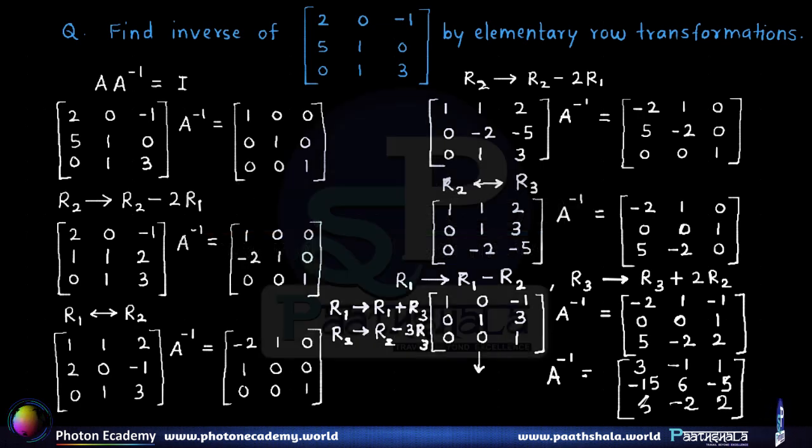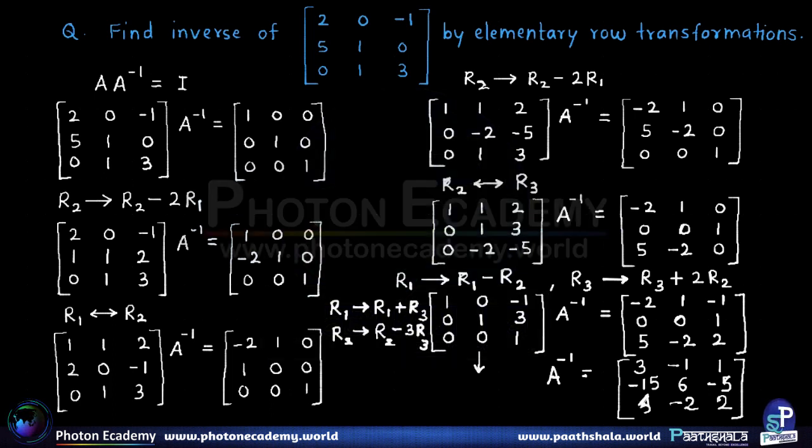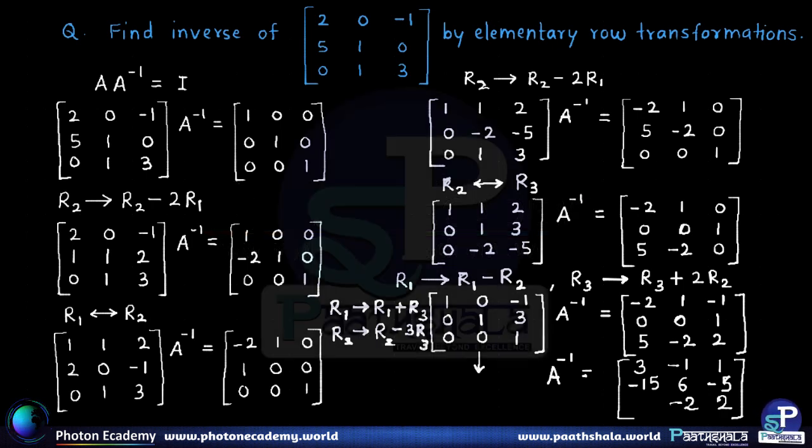So just to recap, what we do in this particular sum is that we started off with the statement that A into A inverse is equal to I. Alright. Then we wrote the value of A as well as we wrote the value of the identity matrix on the right hand side. Now the idea was to convert the A on the left hand side into the corresponding identity matrix with the help of row transformations.